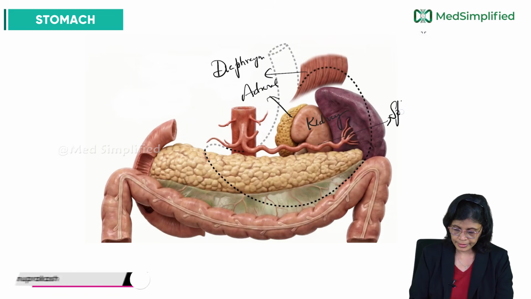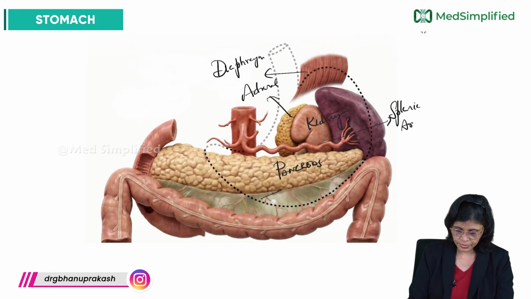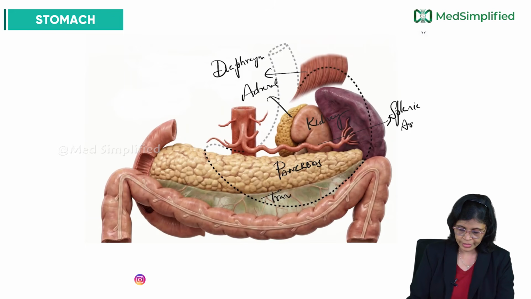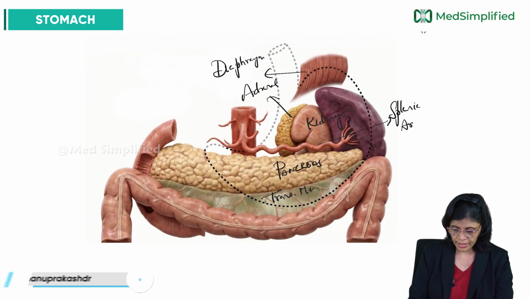This is the splenic artery. This is pancreas. Here we have the transverse mesocolon. Okay, so the outline of stomach is there. So you can understand how the structures are in relation. And sometimes here small part. This is the left colic flexure.